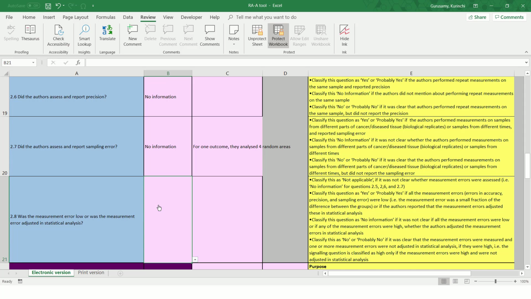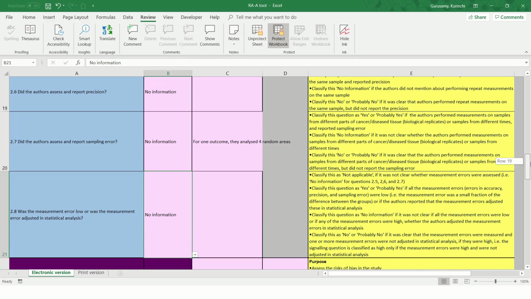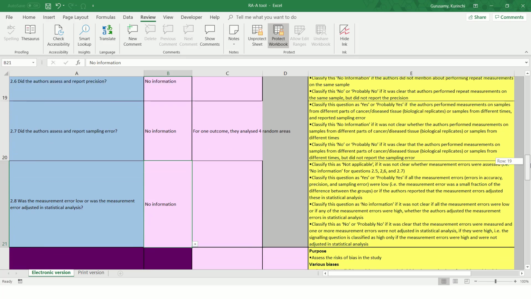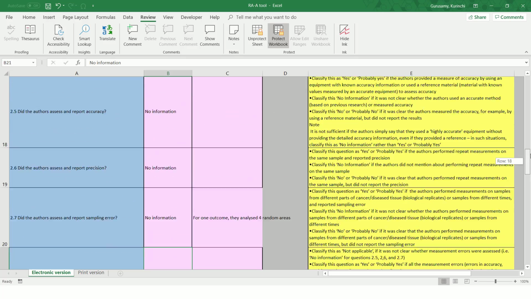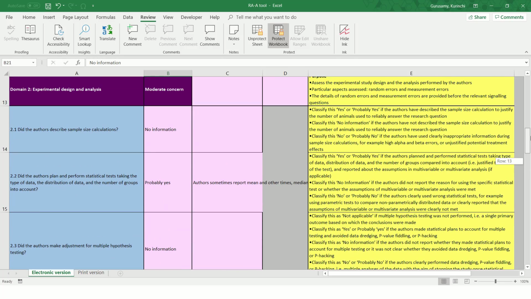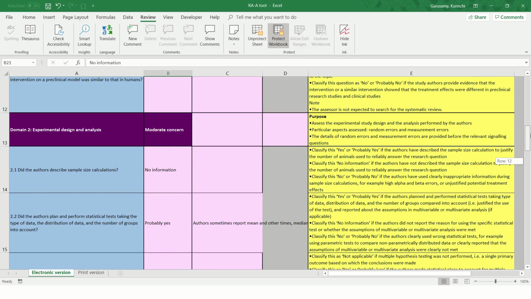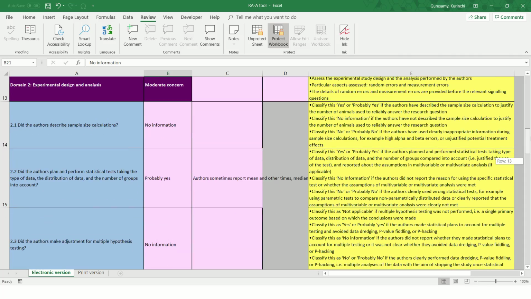I will add the option, and we would classify it as not applicable. For the time being, I'm just going to select no information. So the actual details are filled.